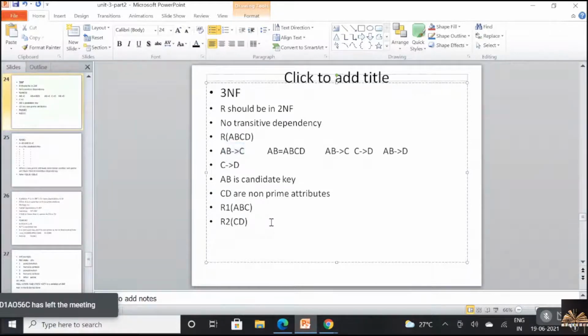Here, C becomes my key attribute and C implies D. There's no concept of transitive dependency over here. Okay. So this is the way I'm making a table which is not in 3NF into 3NF. So what I'm trying to do over here is decompose the given relation into two pieces.